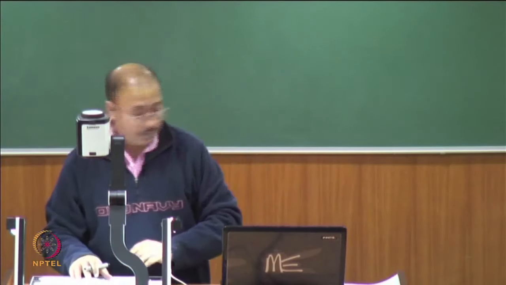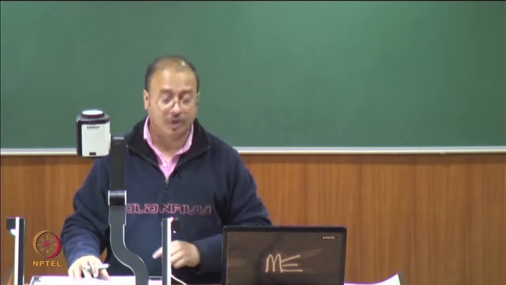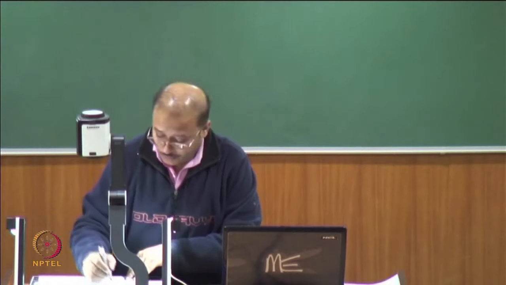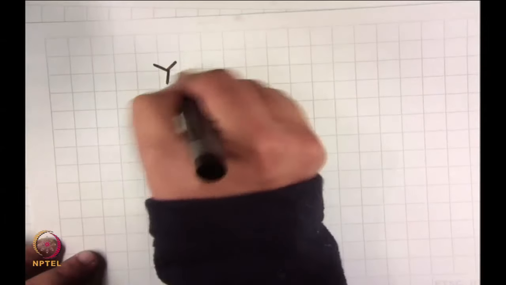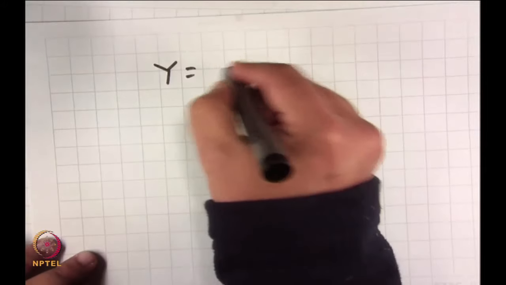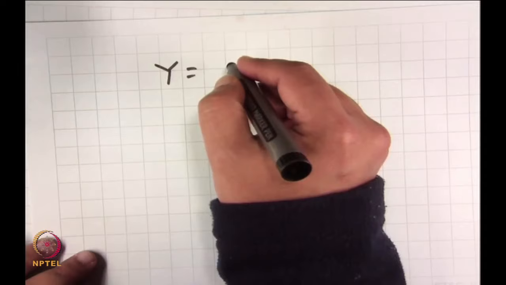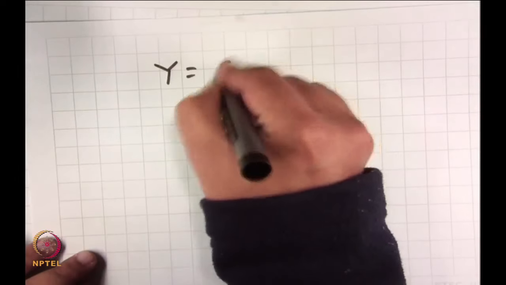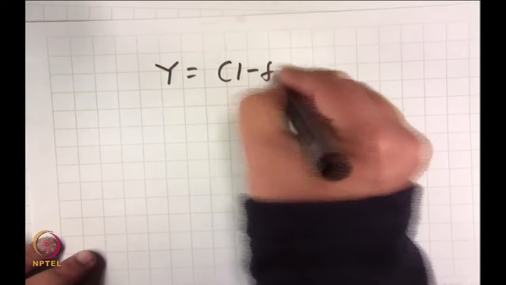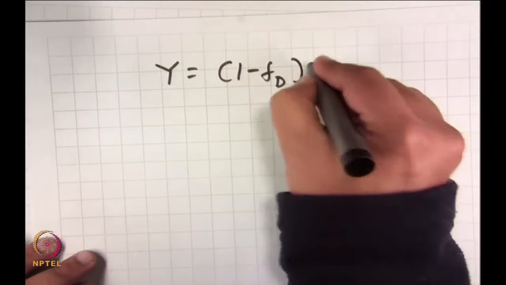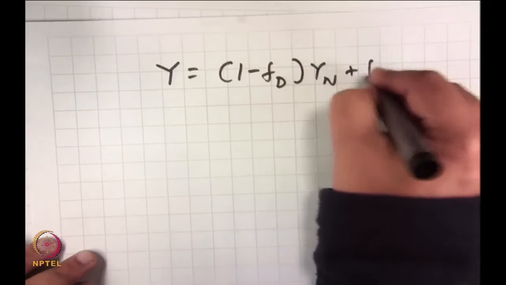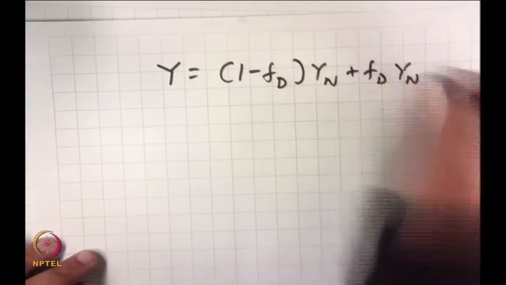Now, based on these two equations, what I can do is write y is equal to, now there is a relation between f of n and f of d. So, f of n would be equal to 1 minus f of d, then I can write y as f of n y of n plus f of d y of d.